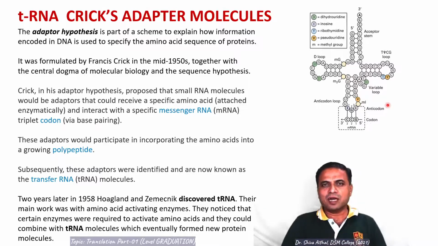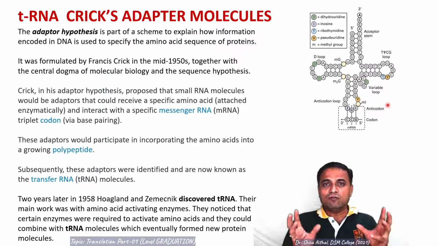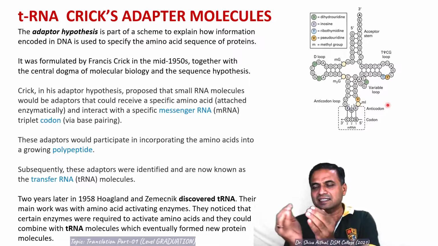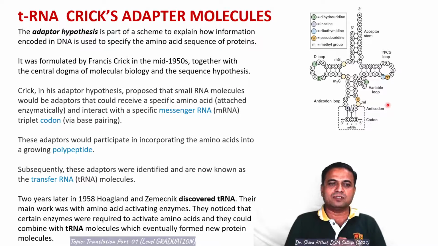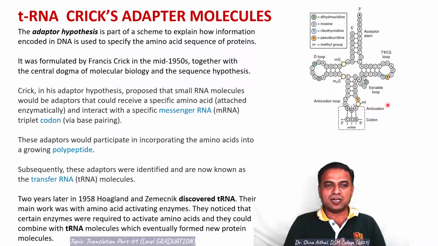In his adapter hypothesis, Crick proposed that there are small RNA molecules. He did not know they were tRNA, rRNA and mRNA, but he said there are some small RNA molecules which act like adapters, and receive specific amino acids attached to them. They interact with another type of RNA, called messenger RNA today, via a triplet codon. This was his adapter molecule hypothesis.